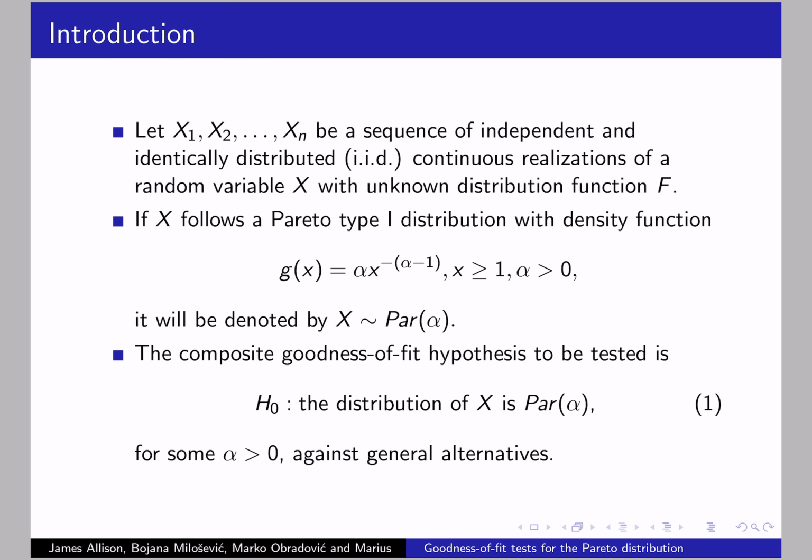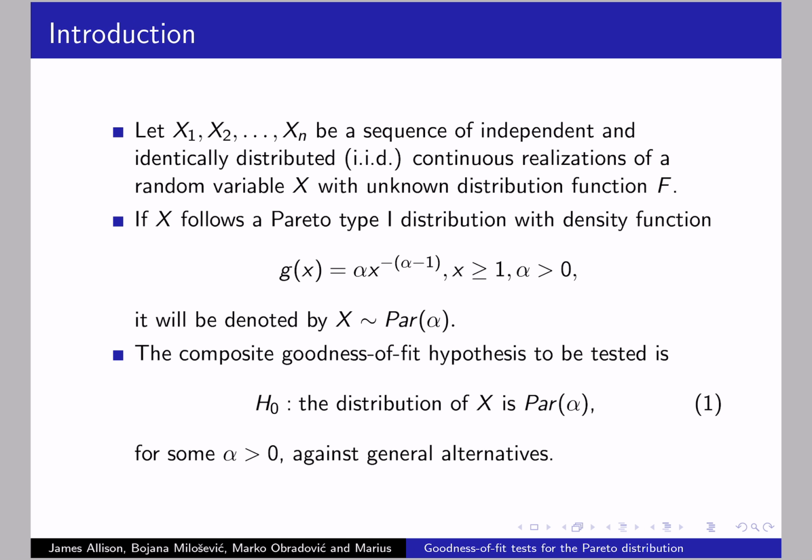To start off this talk, let X1 up until Xn be a sequence of independent and identically distributed continuous realizations of a random variable X with some unknown distribution function, and let's denote that distribution function by F. If X follows a Pareto type 1 distribution with density function g(x), it will be denoted by X is Pareto distributed with parameter alpha.